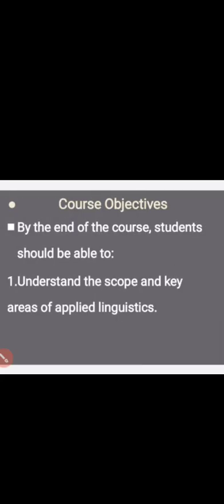Here we have some course objectives that we have to be aware of, which are represented in the fact that by the end of the course, students should be able to understand the scope and key areas of applied linguistics, analyze language problems in educational, social, and real-life linguistic issues, show specific and detailed knowledge of such applications in various fields, provide examples and show practical ability to apply their linguistic knowledge in one or more of these fields.